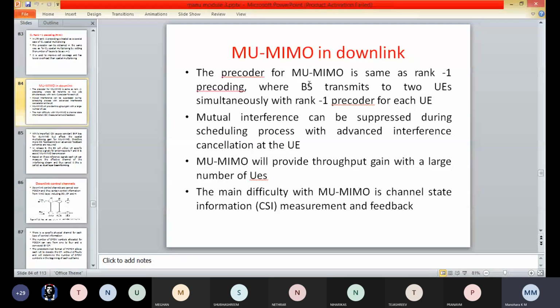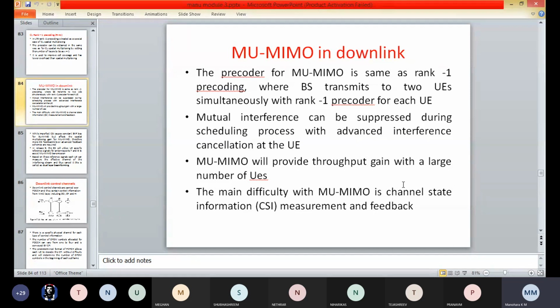Next we have multi-user MIMO in the downlink. In the current specifications of 3GPP Release 8, there is limited support for multi-user MIMO in the downlink channel.